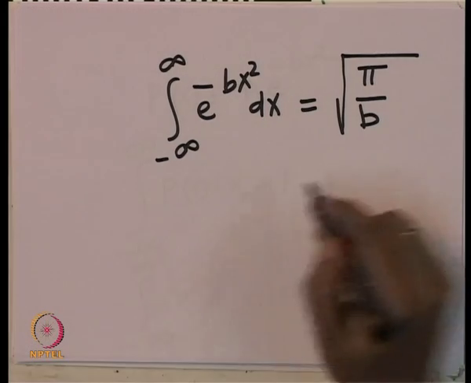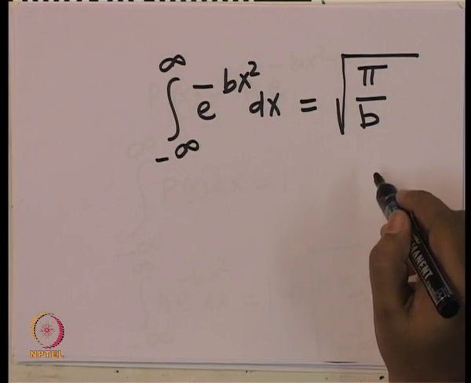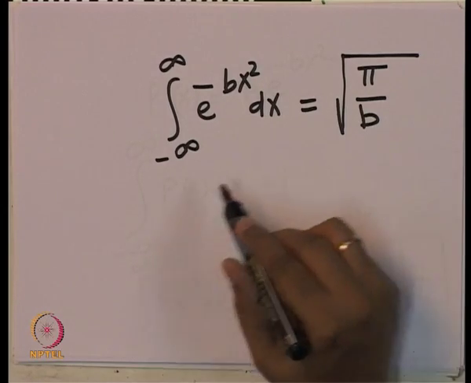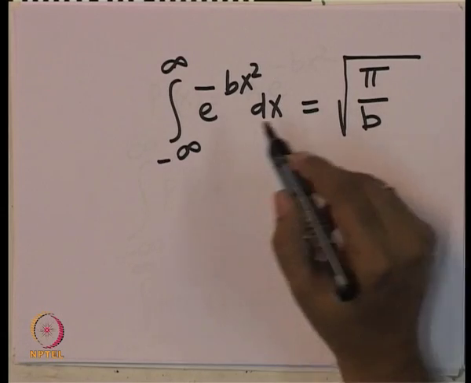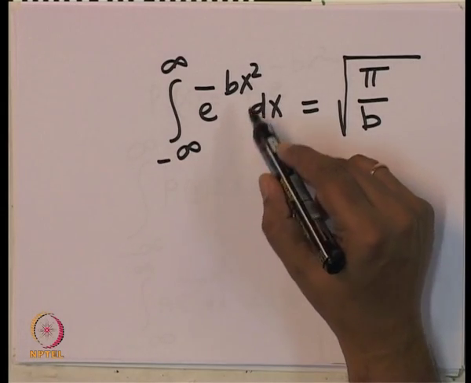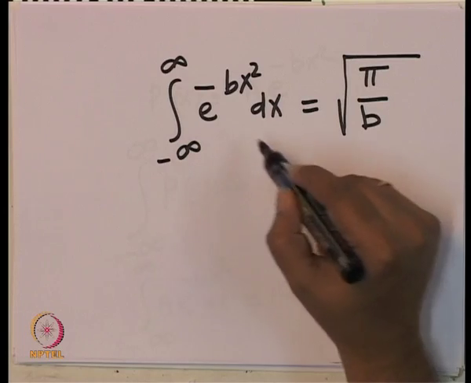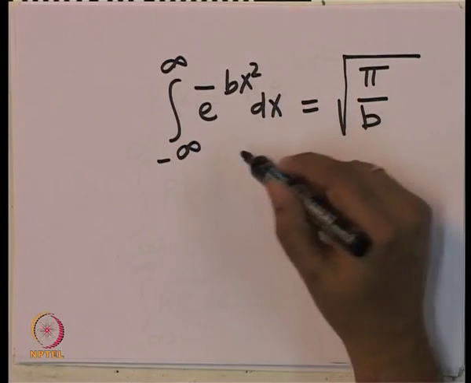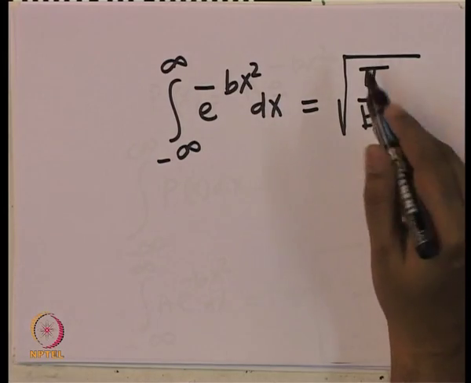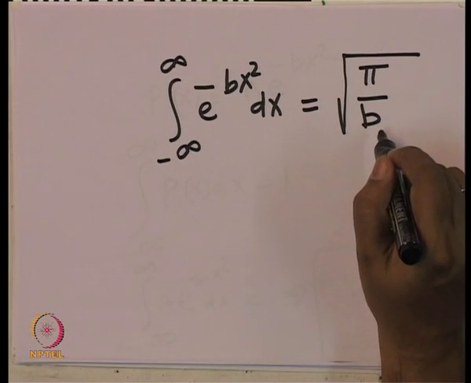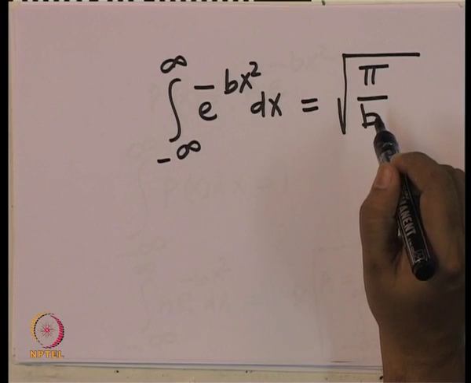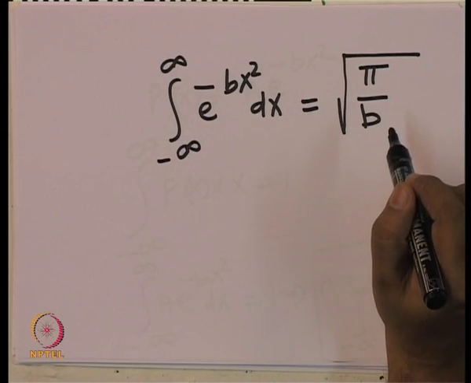Later we will discuss how to do this integral, but for the moment just understand that if you have a function e power minus b x square and integrate from minus infinity to infinity, the answer is root of pi by b. We will show this is indeed the answer, but for the moment just take my word.